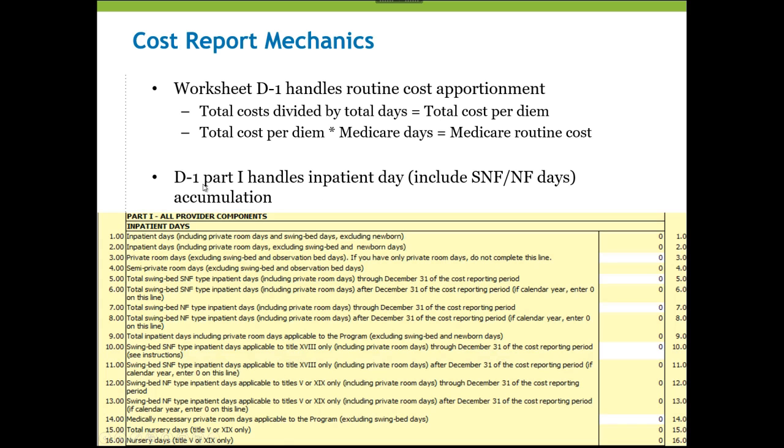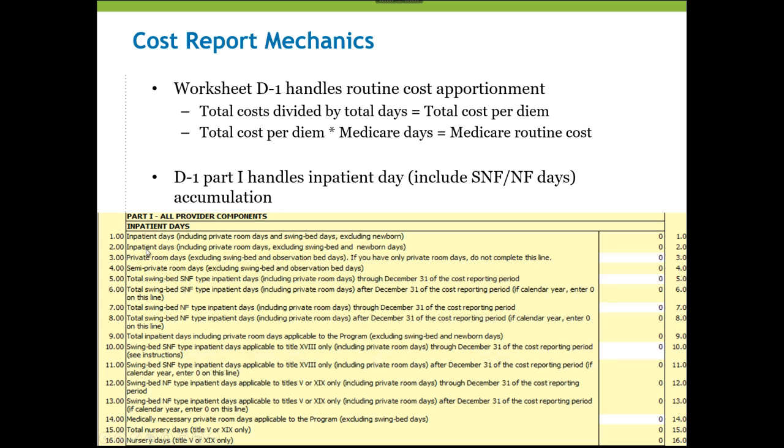So what we're going to see here, D-1 Part 1, handles the accumulation of all of the inpatient day statistics, the different types of inpatient days, and by the way, everything is by calendar year, so before and after 12/31 of the cost reporting periods.